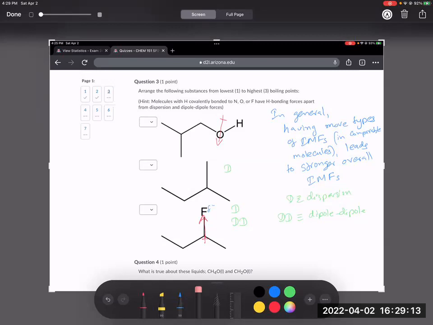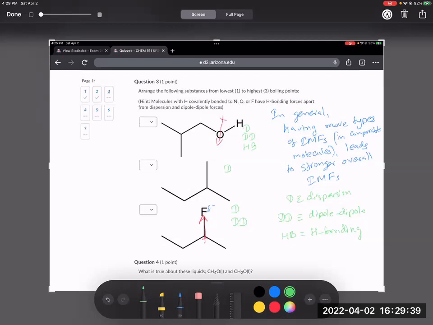So this molecule at the top is going to have dispersion, dipole, and hydrogen bonding interactions. So HB stands for hydrogen bonding. Since you have all three types of intermolecular forces in the top molecule, it's going to have the strongest intermolecular forces.